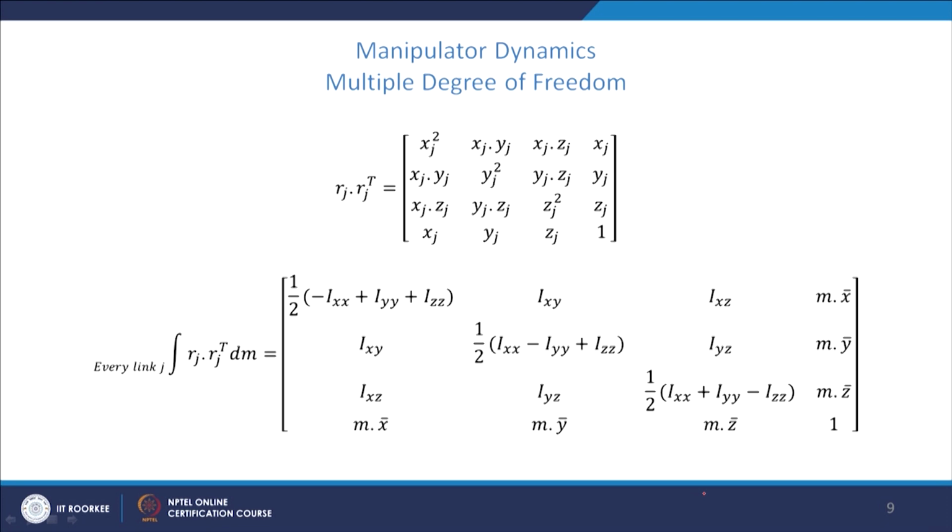So now we can write Rj transpose, given by this expression, x j square. If I write the vector Rj to be x j y j z j with respect to the jth frame, then if you multiply by Rj transpose, we get this expression, and if you integrate from 0 to the length of the particular link, we get this expression.